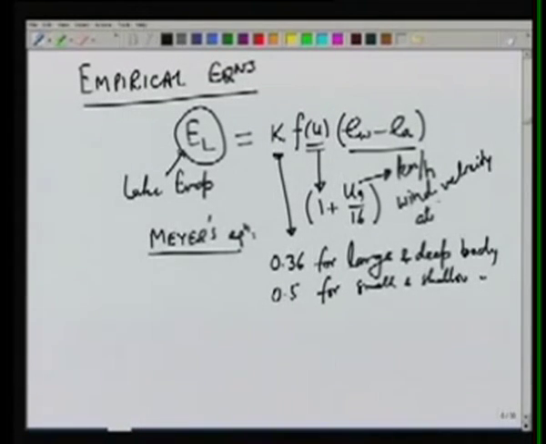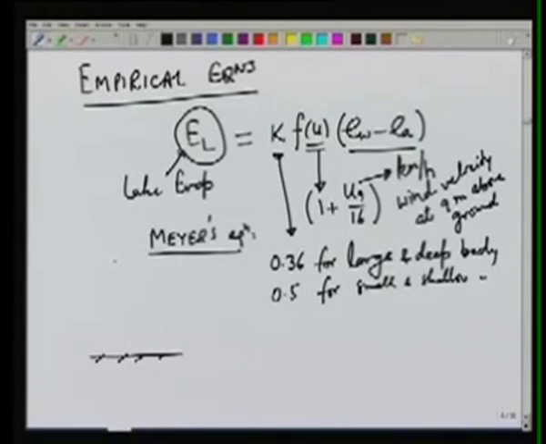at 9 meter above ground. So U9 indicates that the wind velocity is measured at a distance of 9 meter from the ground. As we know, the wind velocity typically shows a variation like this.